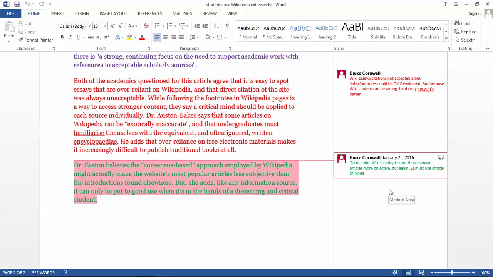I'm connecting with my knowledge, because I know the opposite of subjective is objective, and objective is usually factual, whereas subjective could be opinions. So once again, this academic is saying yes, there's some value to Wiki, but students have to use critical thinking.